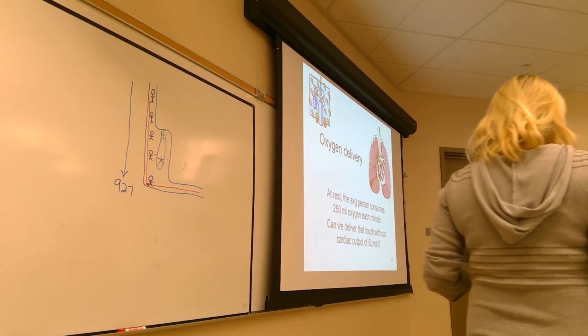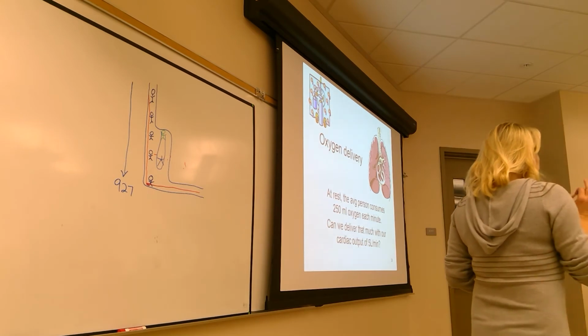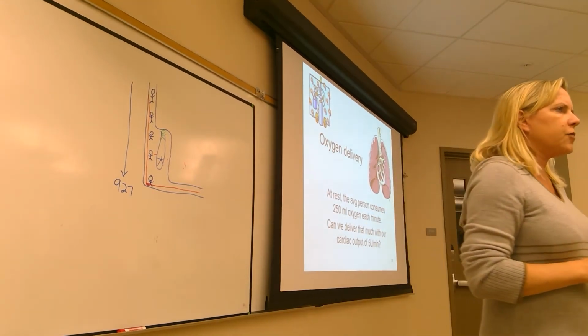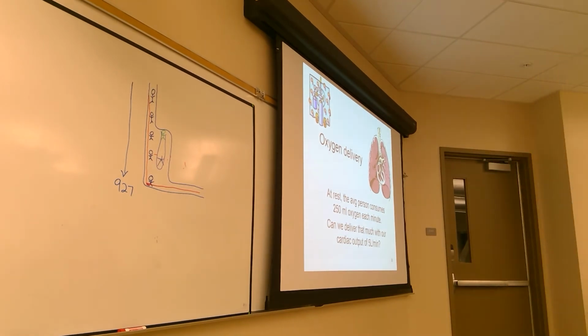So starting with oxygen. Your tissues of your body require 250 milliliters of oxygen a minute when you're at rest. That would be roughly half this bottle of water right here. That's the amount of air your cells, your 100 trillion cells, are using. That doesn't seem like a lot, does it?